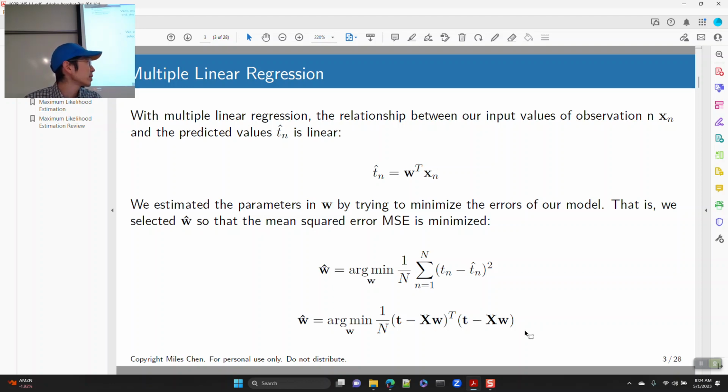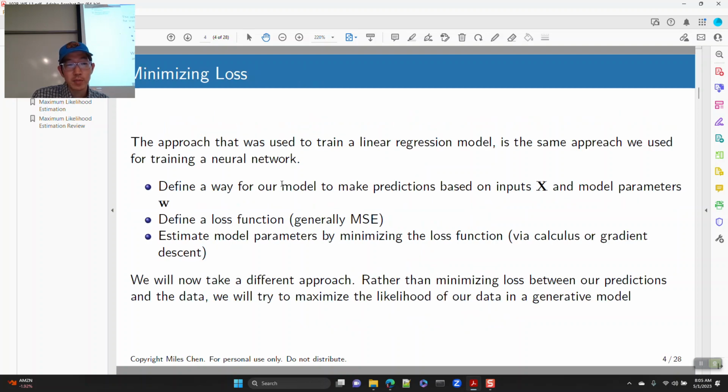We can expand this out into matrix form, and the W's we use for our model are the W's that minimize this quantity, right? That's argmin over W: figure out the W's that minimize this thing. And we do that, and basically we get our least squares regression.